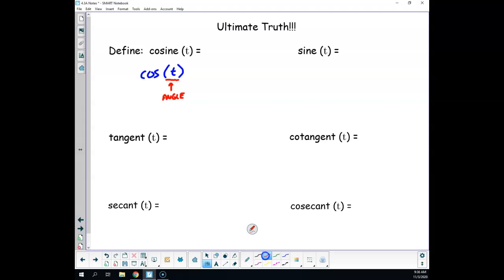So the cosine of our angle is going to be our x value on the unit circle.